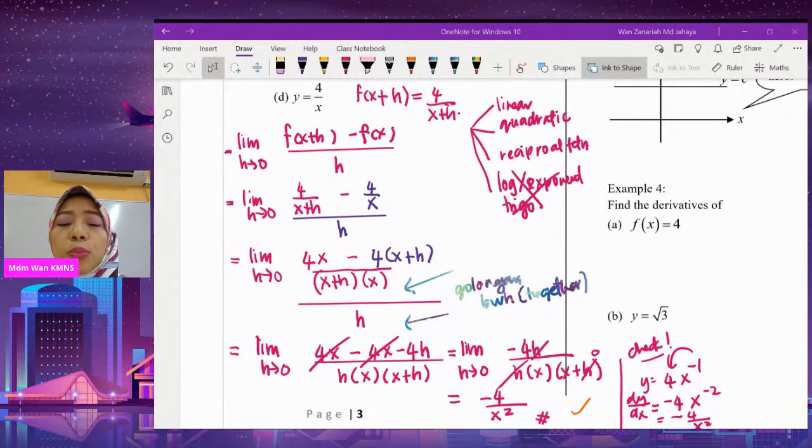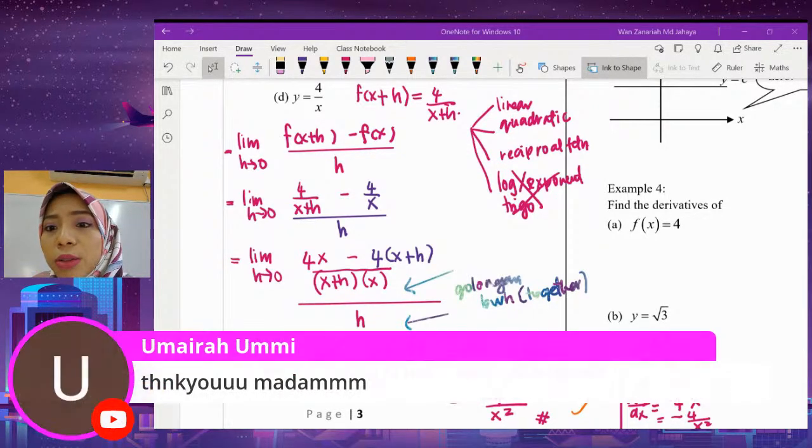So remember limit h approaching zero, f(x plus h) minus f(x) over h, and then you find the function with some modification on the h, and don't forget at the end you must be able to cancel the h on the denominator. Top and bottom must cancel h, then only you substitute the h with zero, then finally you will get the final answer.